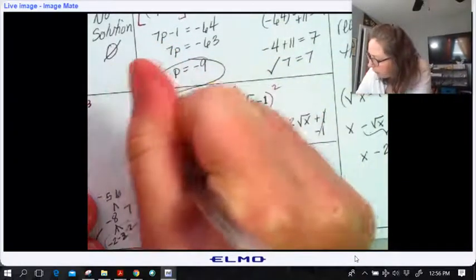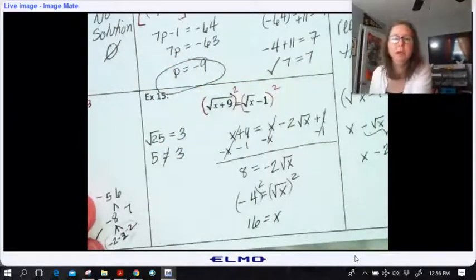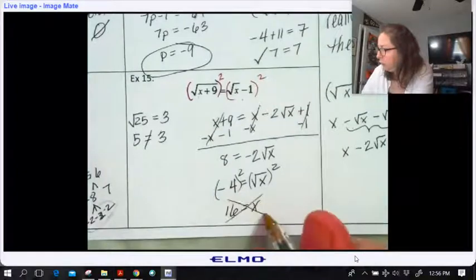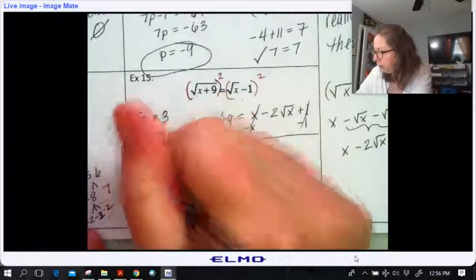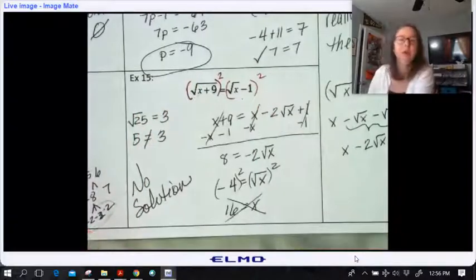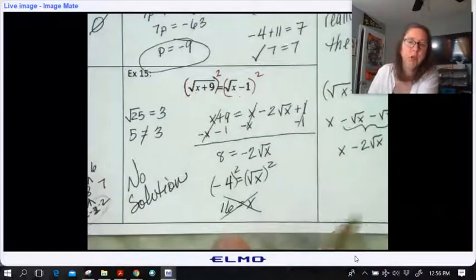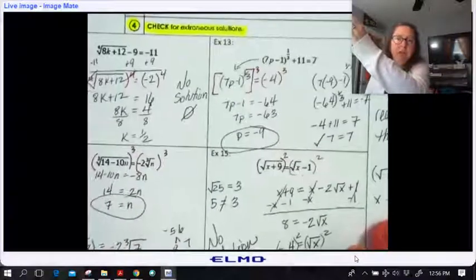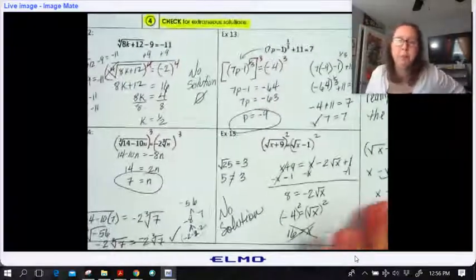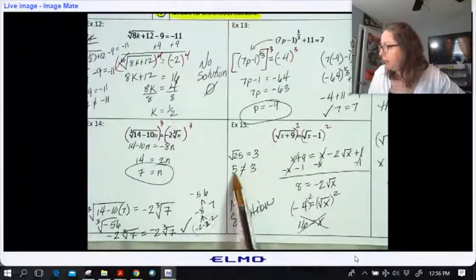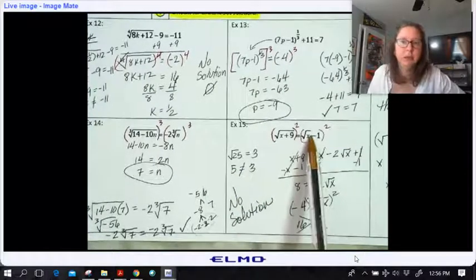So I get 5 equals 3, which is not true. So this is an extraneous solution. Okay, so I got 2 examples today of the extraneous solutions where when I plugged it back into the original, it did not actually satisfy an equal.